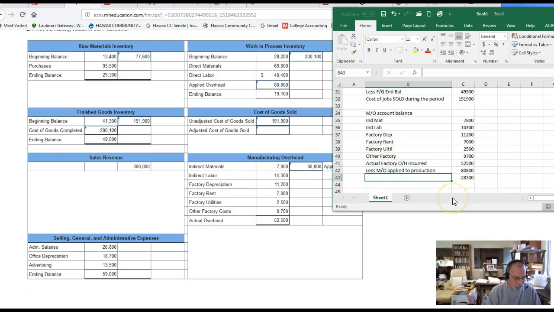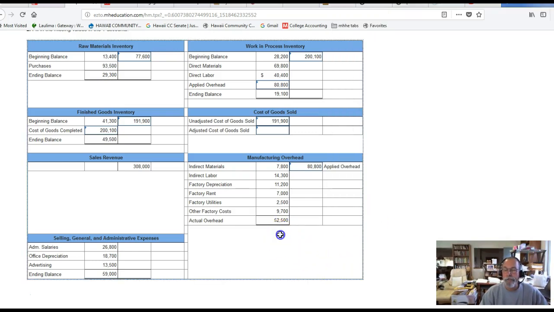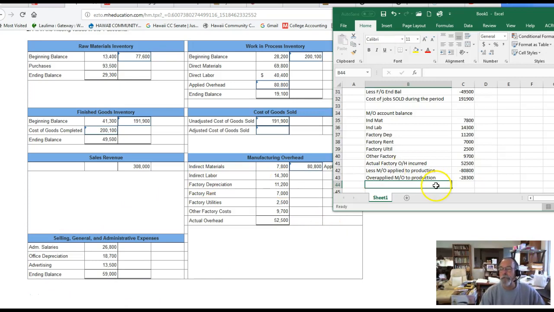Therefore, we have over applied manufacturing overhead to production. They're not asking for us to show that balance here, but that's the amount of overhead over applied, 28,300.